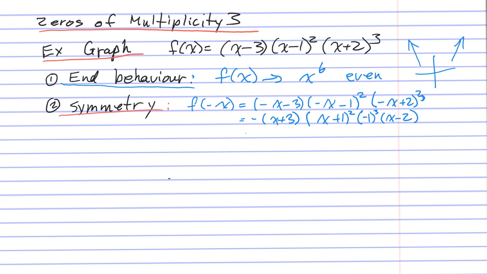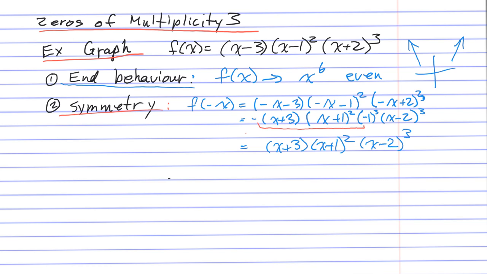Now that -1 that we had here, I'm going to combine it with this -1 in the front. And what that will do for us is give us this as our final answer: (x plus 3) times (x plus 1) squared times (x minus 2) cubed.